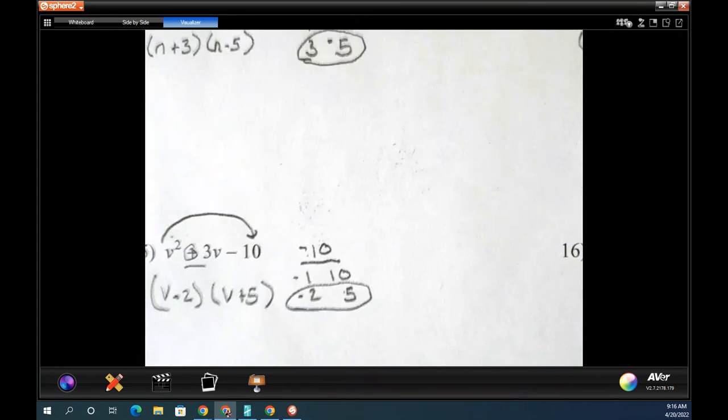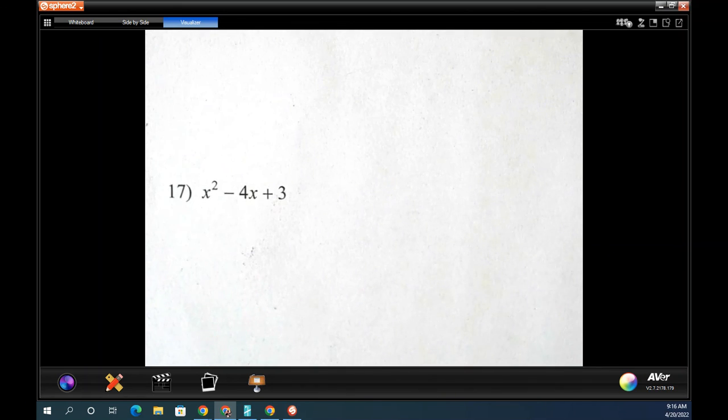Try number 17. Try that one. The only factors of 3 are just 1 and 3.